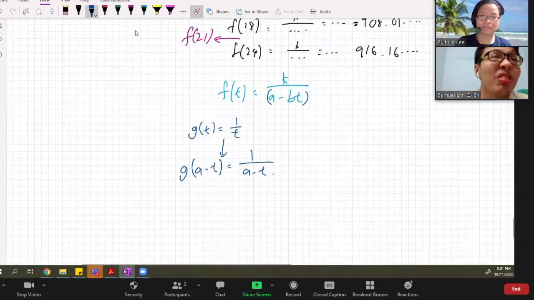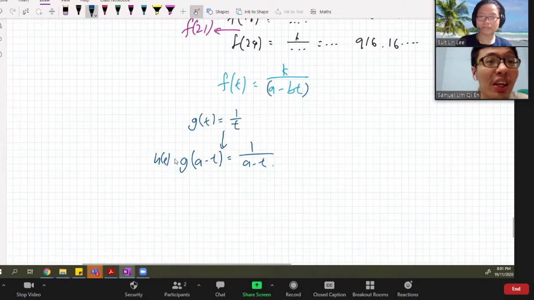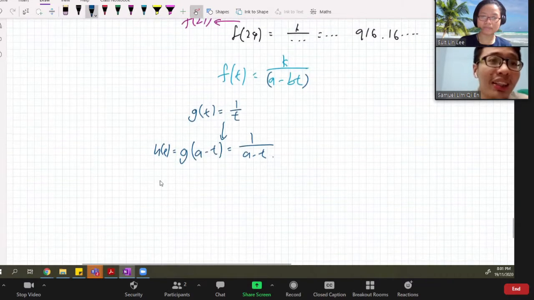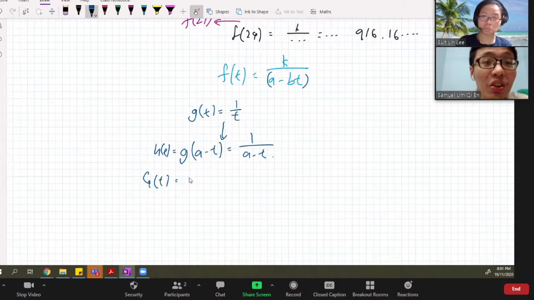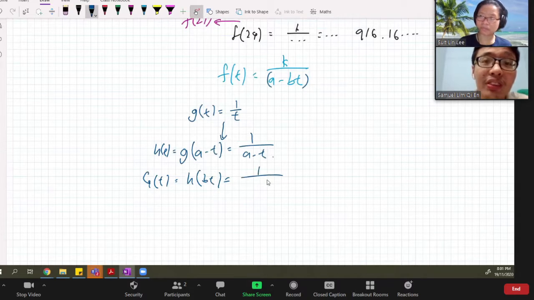Let's call this function h(t). This is what you usually do. Let's use another function, capital G. What I'll do is h of b times t, and this is just a minus bt.